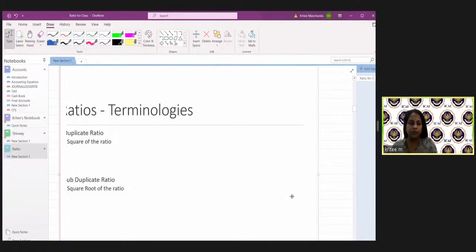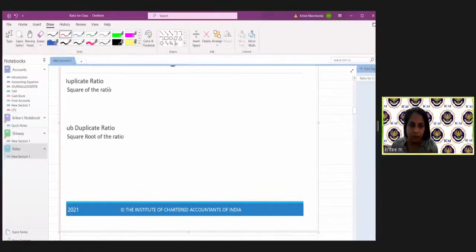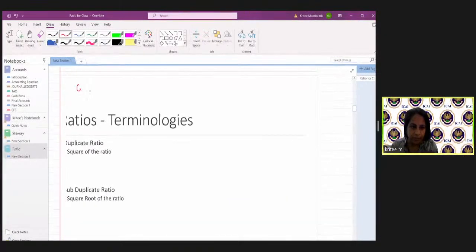Let's go for the next part, that is known as duplicate ratio. So when I have to do duplicate ratio, this is a kind of extension of compound ratio. When compound ratio says for A by B and C by D, the compounding is AC by BD.